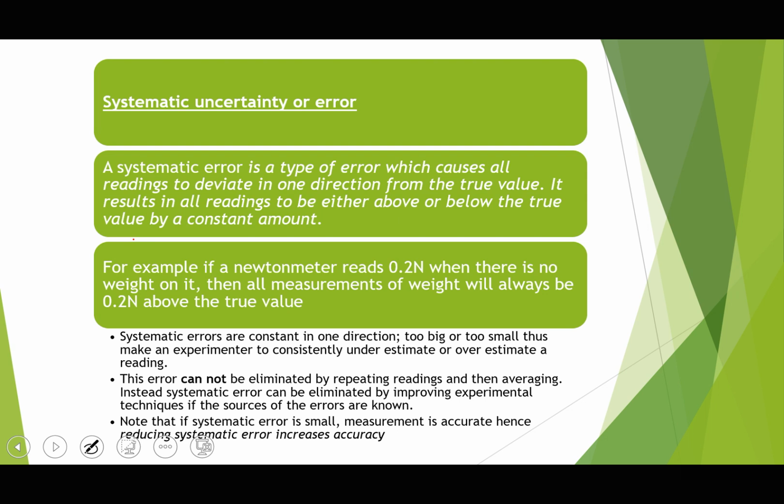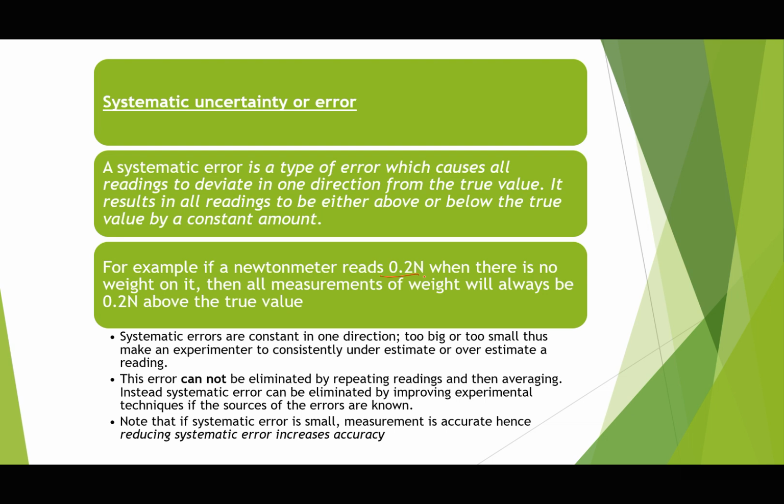Think of a simple example. Before you use a Newton meter to take a measurement, it is already reading 0.2 newtons. What does that imply? Every time you use that same instrument, it will give a reading which is 0.2 greater than the real value. Therefore, 0.2 is going to be called a systematic error.